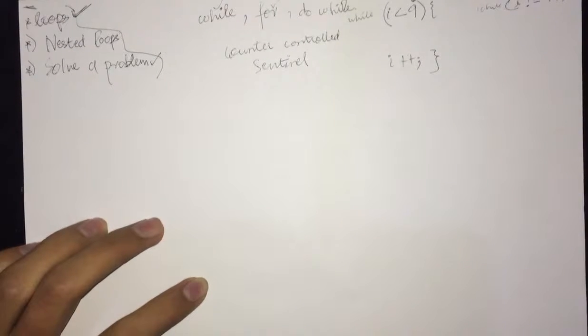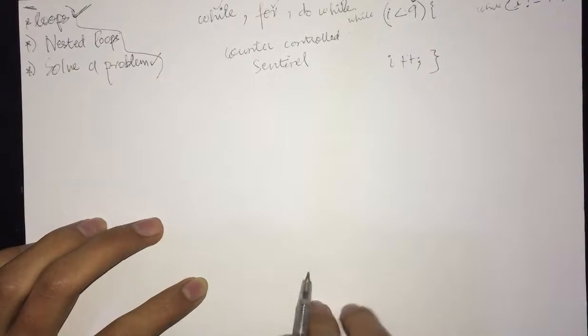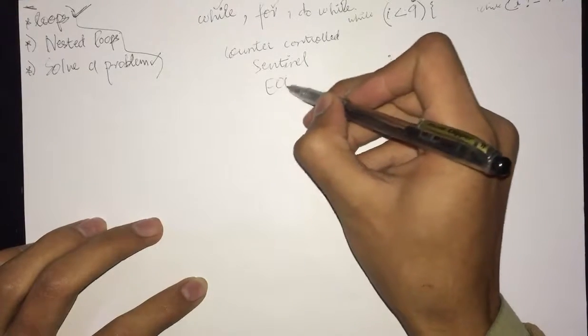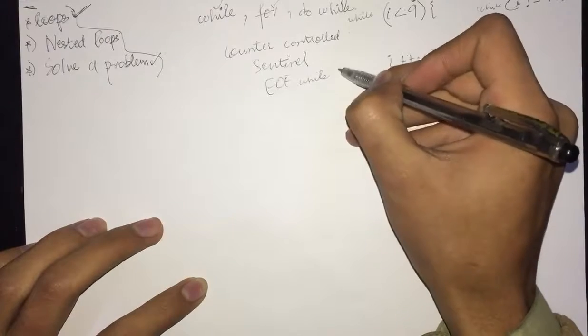But when we equal it to N, it will be false and the loop will not execute. Then we have EOF while loop, and we haven't studied that yet, so I'll just skip that.